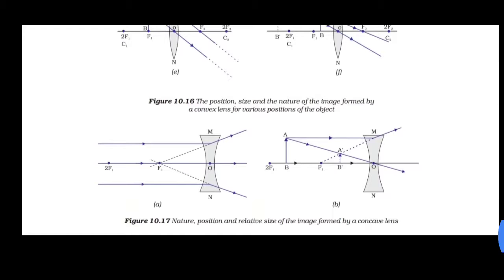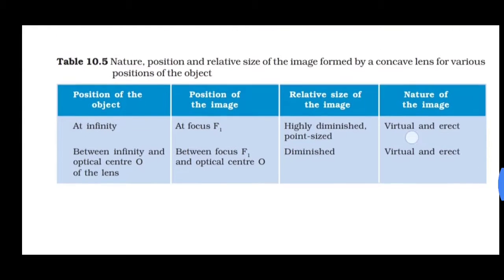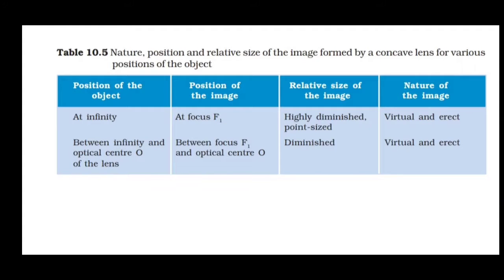Now let's see the image formation in a concave lens. Here we have only two positions of the object: at infinity, and between infinity and the optical center. In the first one, when the object is at infinity, the position of the image will be at f1, the size will be diminished, and the nature of the image will be virtual and erect.